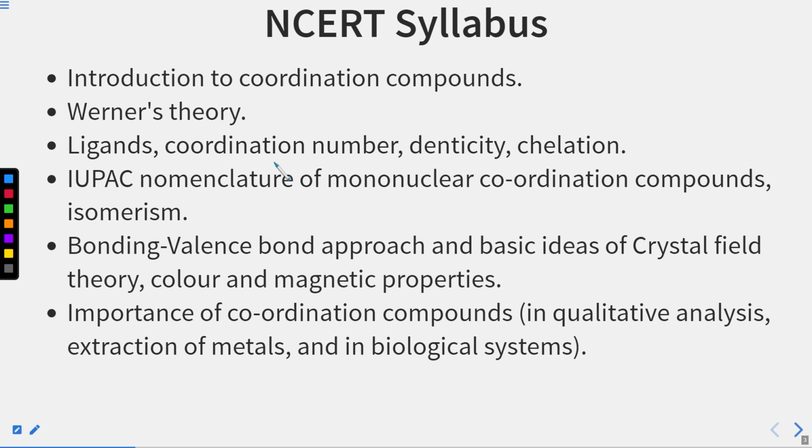Further, we can classify them on the basis of their denticity, meaning the number of donor atoms that can donate simultaneously. We have seen four types: monodentate, bidentate, tridentate, and hexadentate. For monodentate, we can have water, ammonia, chlorine, OH minus.